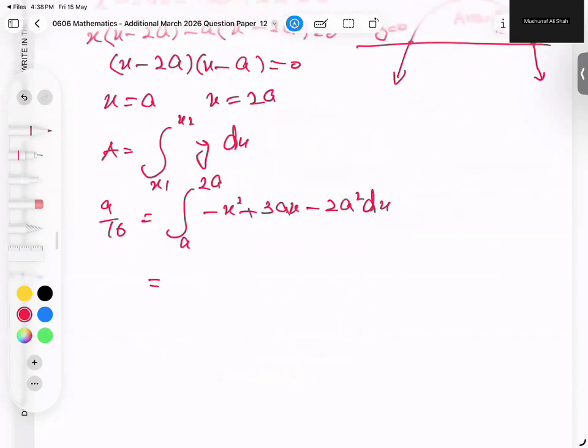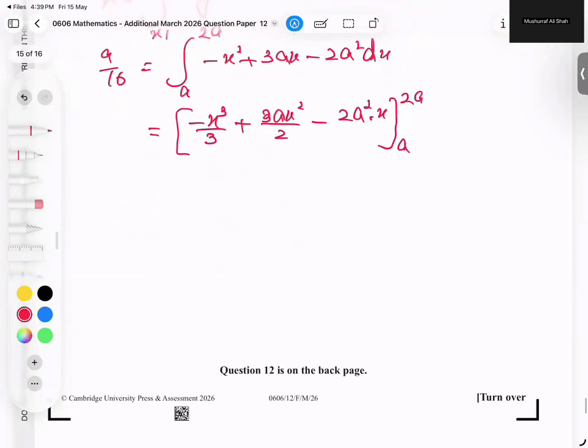Now, increase the power by 1 and divide by the same. Increase the power of x by 1 and divide by the same, and 2a squared, simple x comes beside it. And I have 9/16. Now I'm going to apply upper limit minus lower limit.